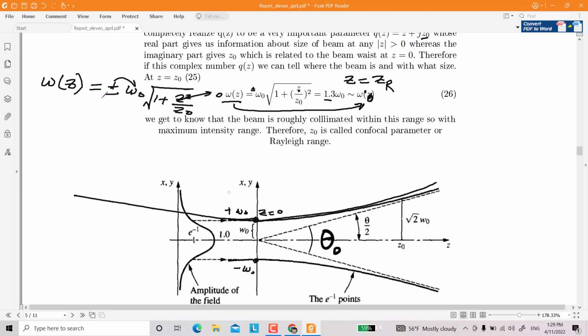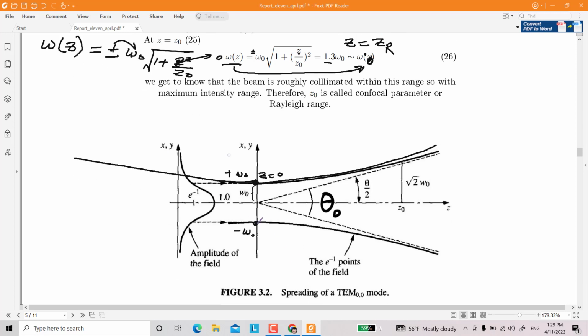Similarly, if you take the negative part and start increasing the value of z, since there is a square on z, whether you go towards negative z or positive z, nothing changes. So you will have these two terms. Even if you do not define these things, this was just for simplicity, again you will have such an expanding behavior in your beam.